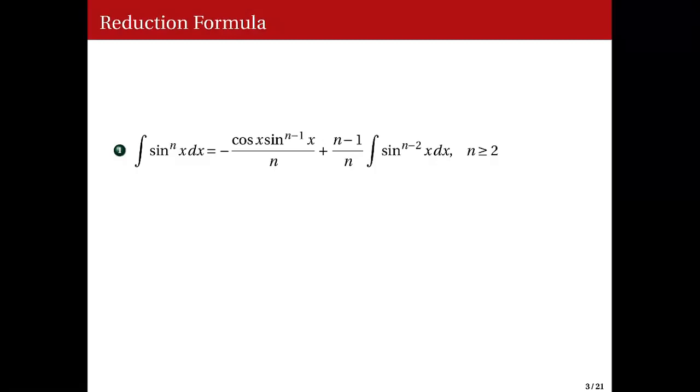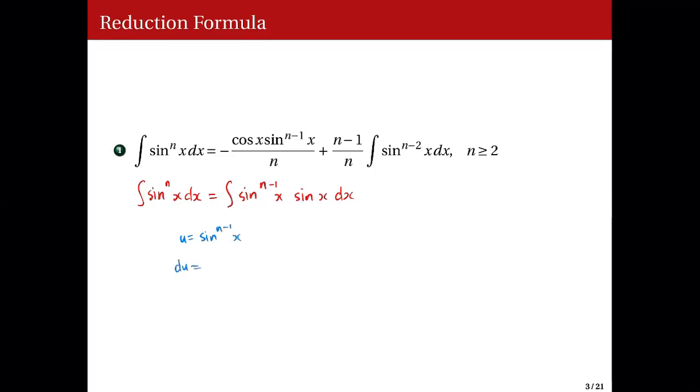So the question is, how is this calculated? From here, we write this as sine to the n minus 1 x times sine x dx. Our u here will be sine raised to n minus 1 x.